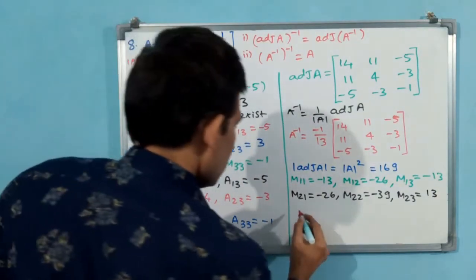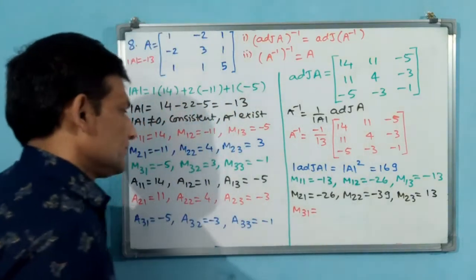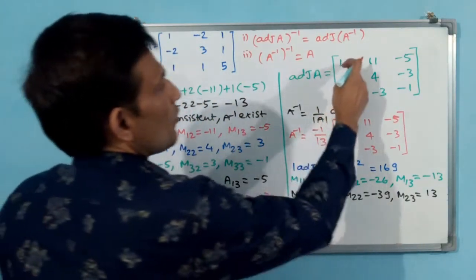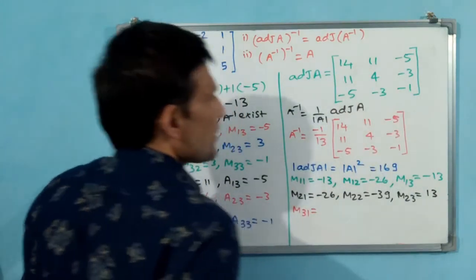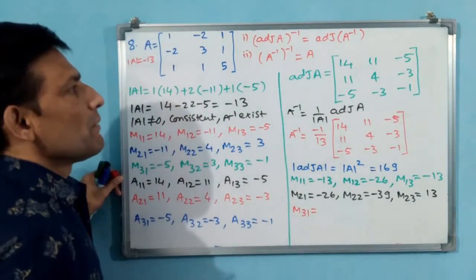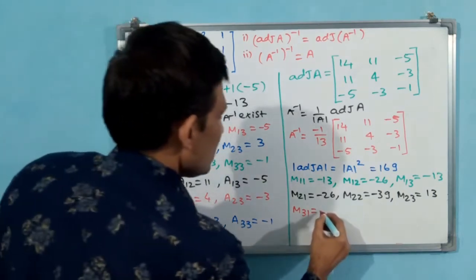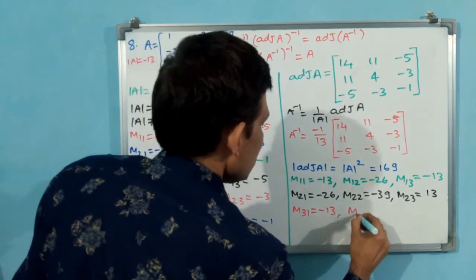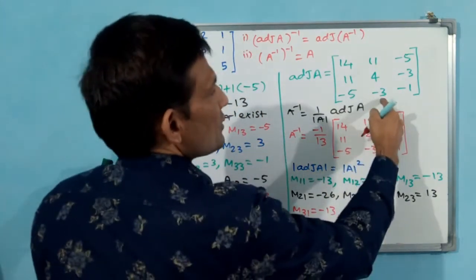Now go for M31. You are closing minus 5. If you close minus 5, minus 33 plus 20, that is minus 13. M32. You are closing minus 3.